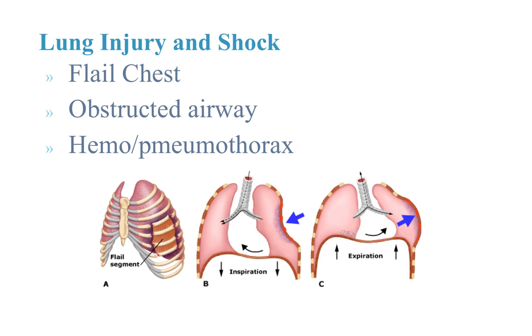Okay, so if we have a large flail chest, we can have hypovolemia or hemodynamic issues based on the squishing of the heart. So here, if we have our vena cavas being squished, we're not getting that adequate blood flow. And on inspiration, we're going to have issues with our stroke volume because the heart can't get that good squeeze because it's being squished out.